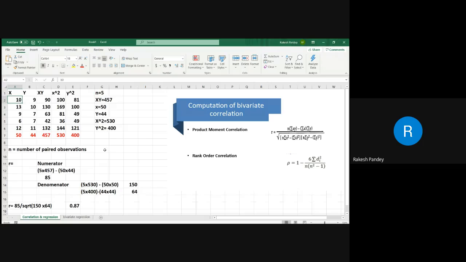And just to check whether we have done the computation correctly or not, you can do it by Excel. You type CORREL. CORREL is the function for correlation. Then it is asking for array 1. This is the first score series. Comma.